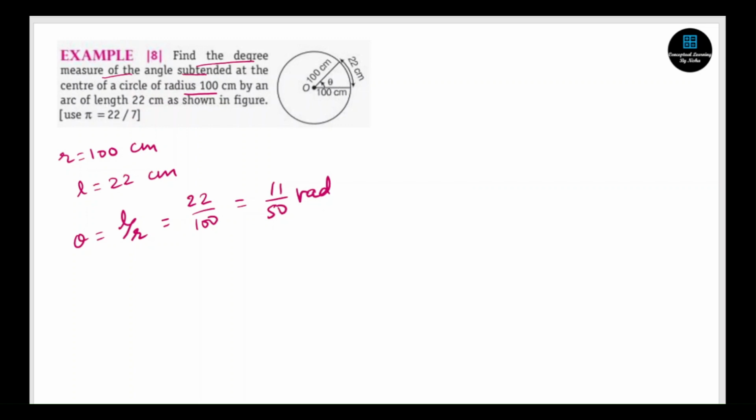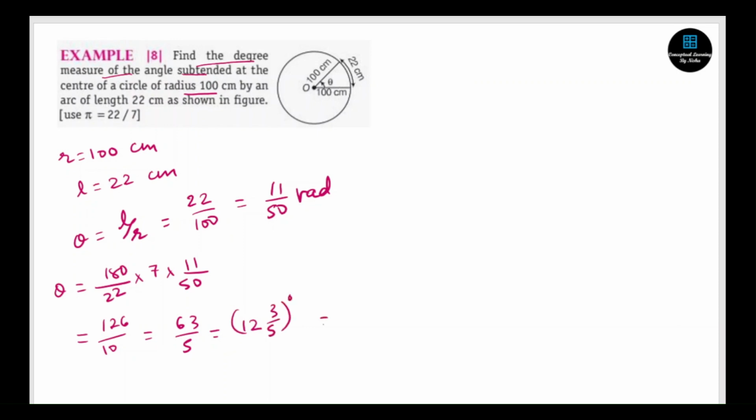Now we have to convert this into degrees, so multiply by 180 over pi. I'll directly write these values to simplify this. When I completely simplify this, we'll get 126 over 10, or I can write this as 12 and 3 over 5. These are in degrees.